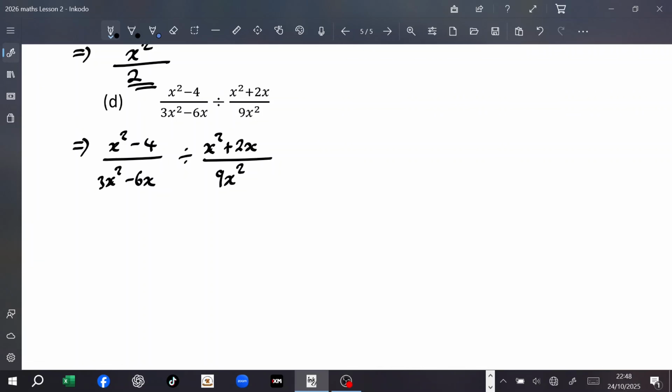So this one, first of all, let's change. Let me do it here so that you understand. x squared minus 4 is the same as x squared minus 2 squared, which can come out as x plus 2, then x minus 2.